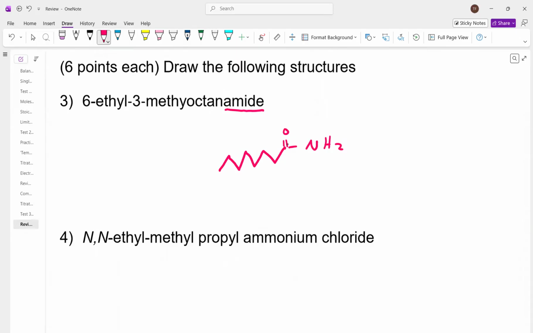Then we have 1, 2, 3 methyl group and 3, 4, 5, 6 ethyl. Now, if we had some groups coming off that nitrogen, we had to have N's there to distinguish which ones were coming off of the nitrogen. Otherwise, assume it's NH2.